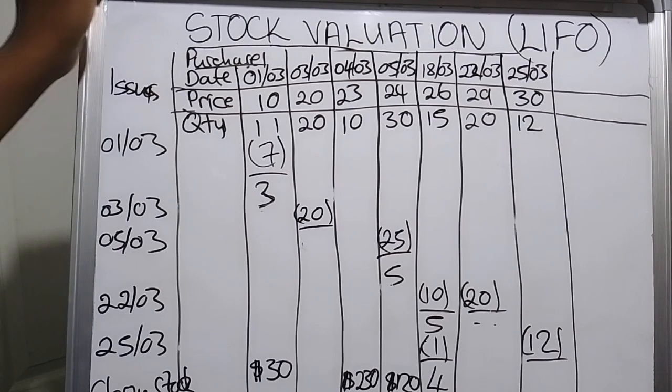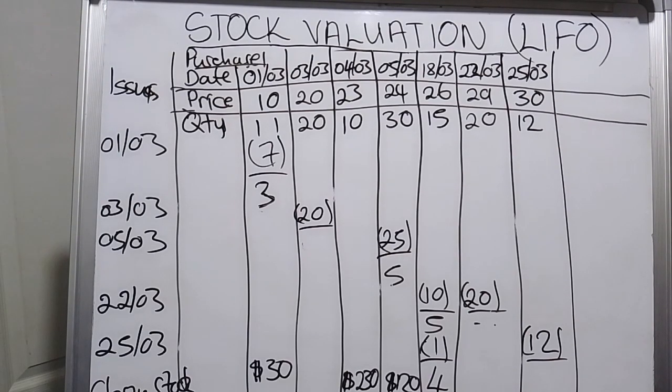So our closing stock, using the last in first out method, we get $444. That's it. Our next video will be looking at the average cost method for stock valuation.